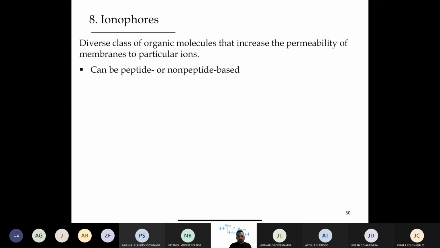When we're thinking about types of transporters, you also have what are known as ionophores. As the name implies, it is something that will facilitate the movement of a charged species, an ion. This can be a diverse class of organic molecules that increase the permeability of membranes to particular ions, and it can be peptide or non-peptide based.